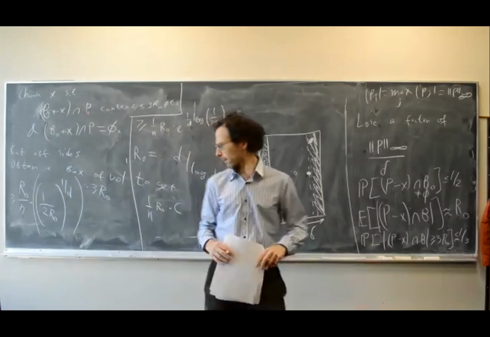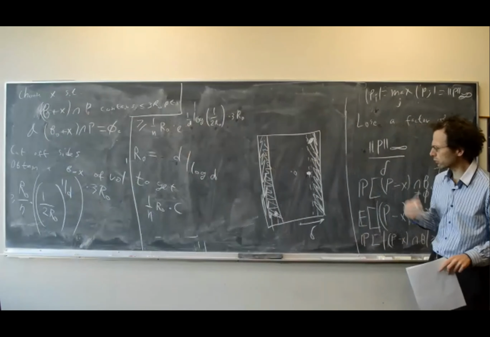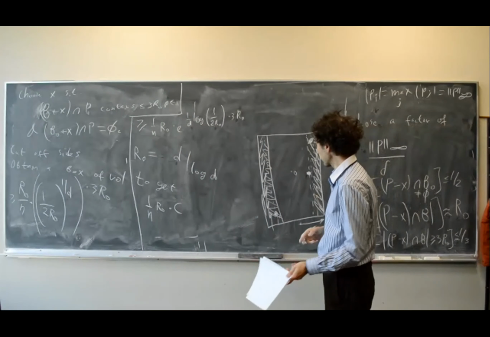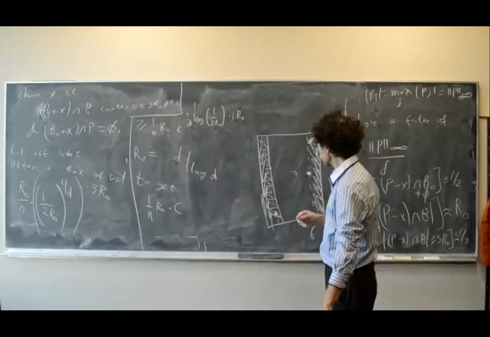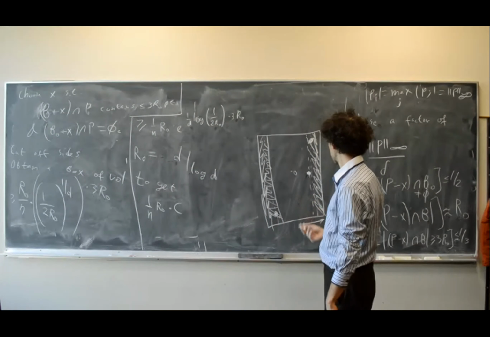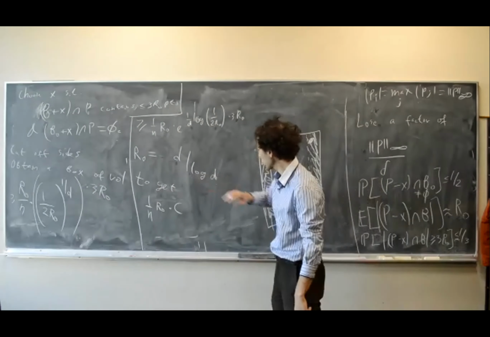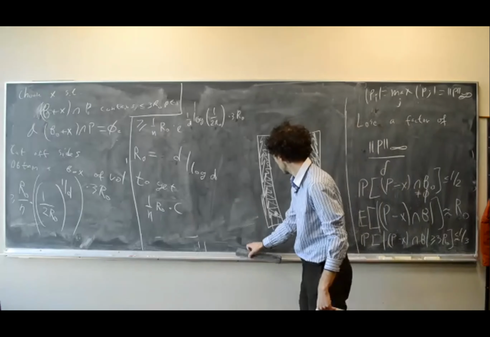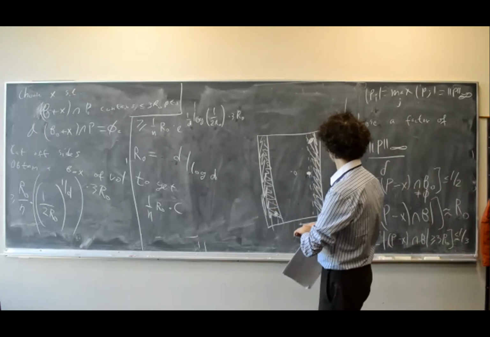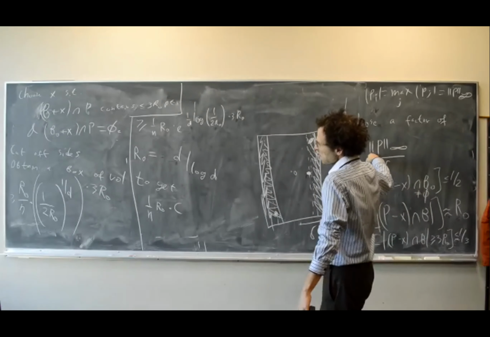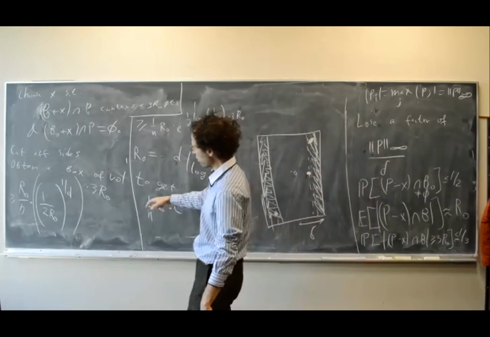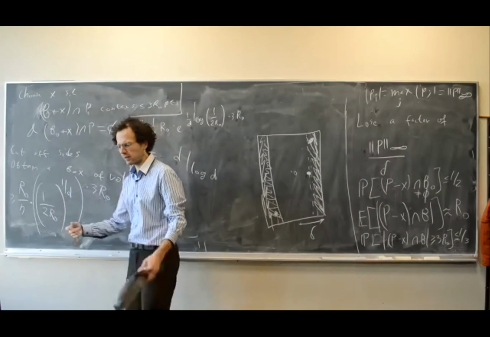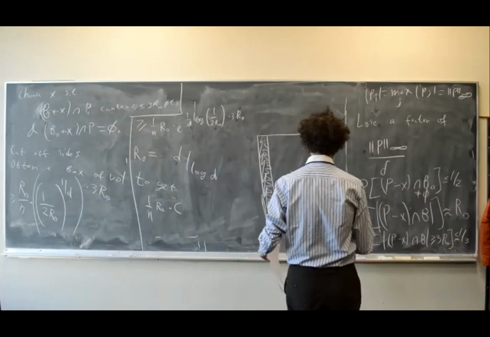Okay, so let's now optimize it. The main loss which we suffered, where did we lose this log, is by being very pessimistic. For each point, we said, well, it may be very close to the center, and so we're going to lose this factor. But let's not be as pessimistic.